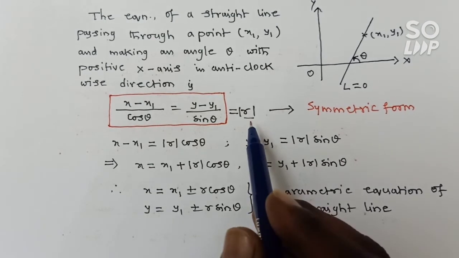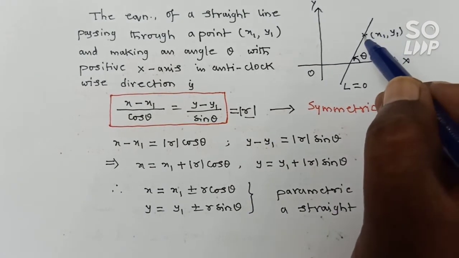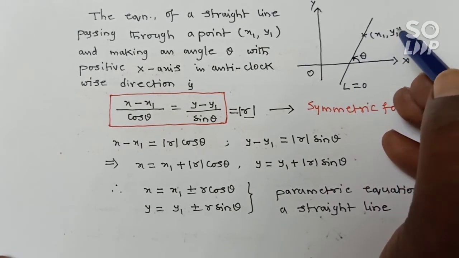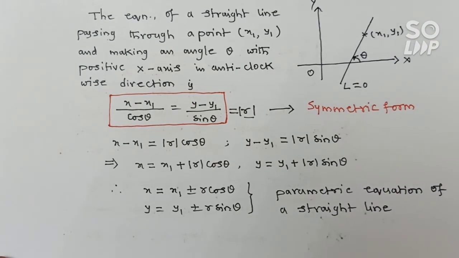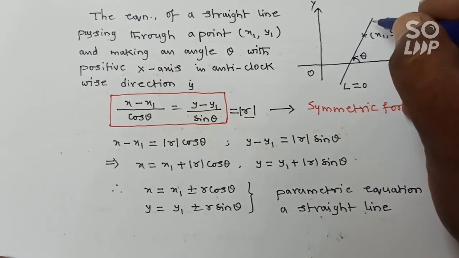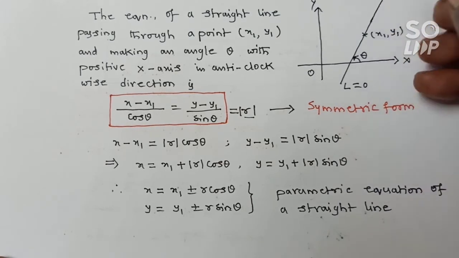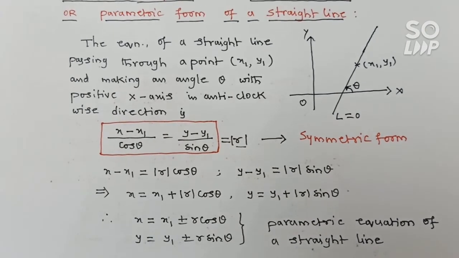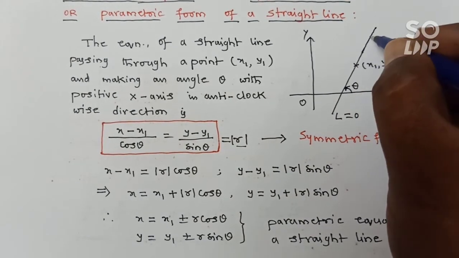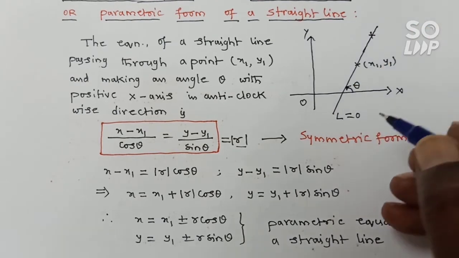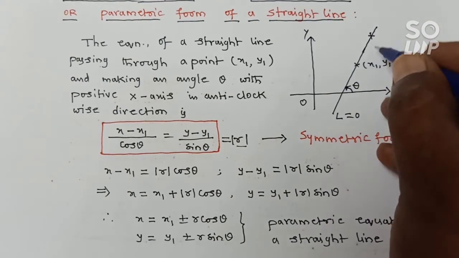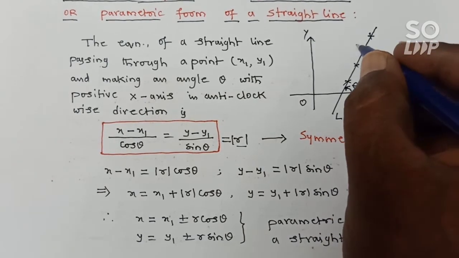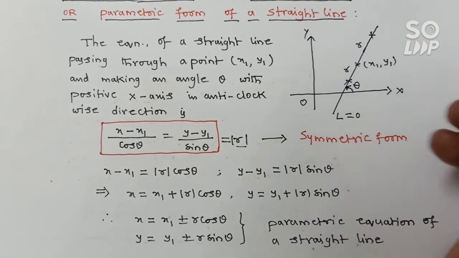Why is it the distance form? Here the line is passing through the point x1 comma y1. Look at this one. Why is it also called the distance form? Because from this point, one point will be above this point and another point will be below it, at a distance of r units.